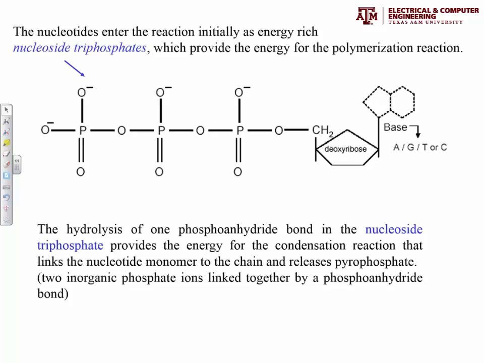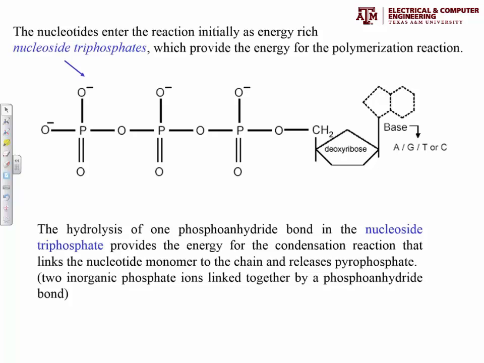So the hydrolysis of one phosphoanhydride bond in the nucleoside triphosphate provides the energy for the condensation reaction, which will link the nucleotide monomer, or the monophosphate, to the chain, and it is going to release the pyrophosphate, the 2 phosphates that are linked together, into the environment. But then in the next step, even that phosphate is broken up.